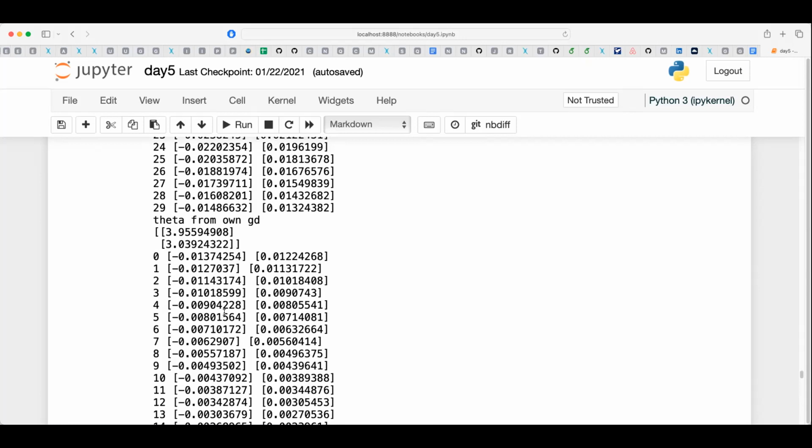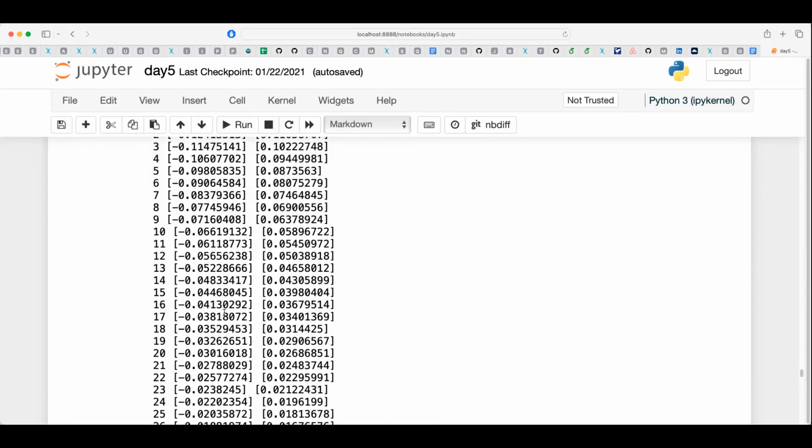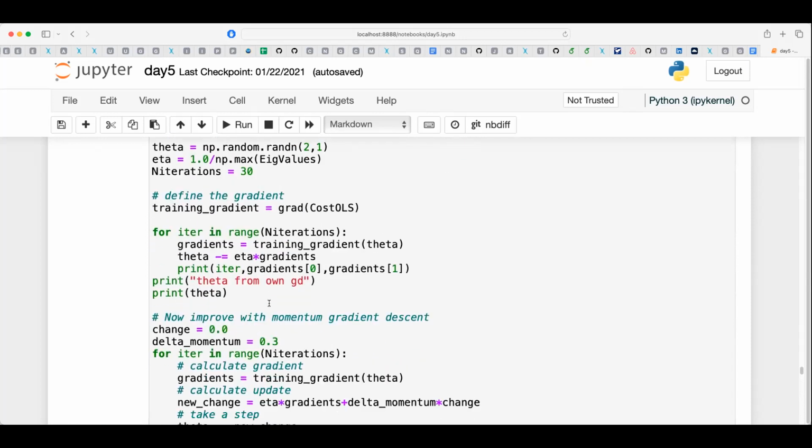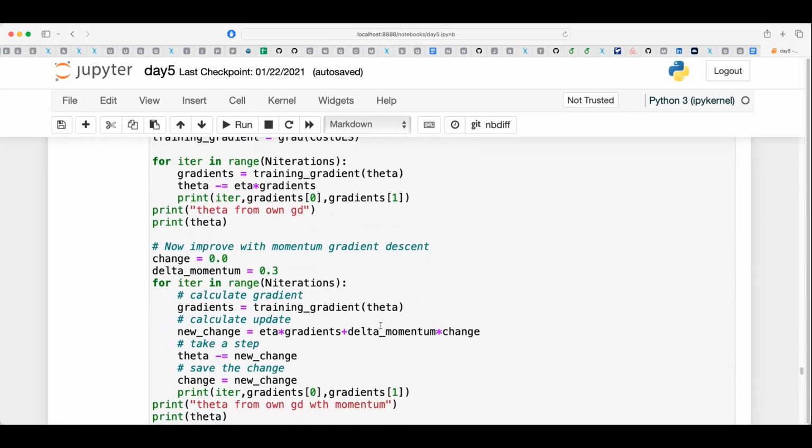And it's so simple to implement by simply introducing this momentum parameter. You have the change, taking into account the previous result, and then you get a new change, and then you update the parameter here. So that is extremely simple to implement, and you should do that.